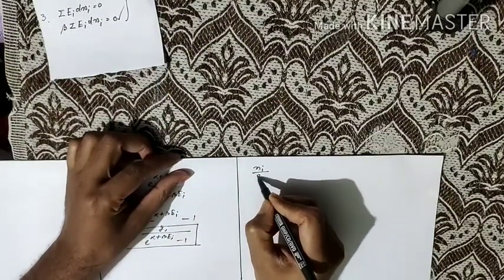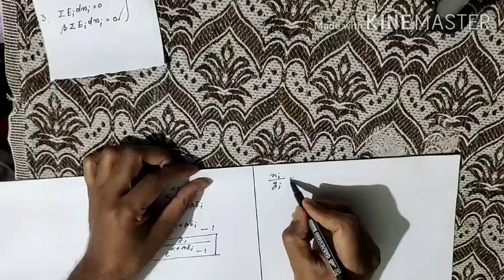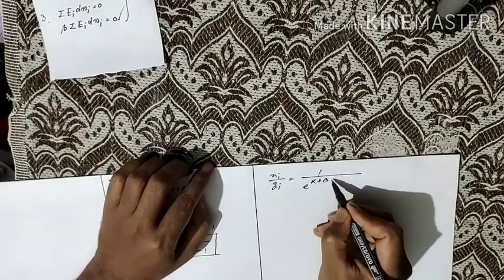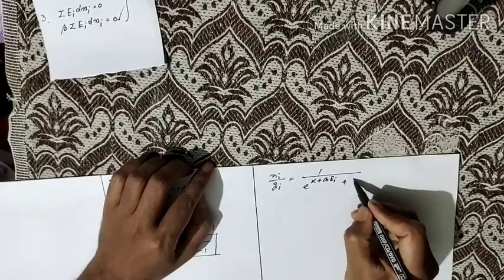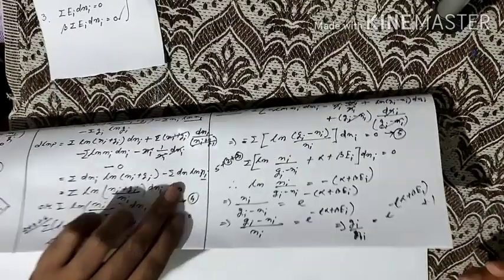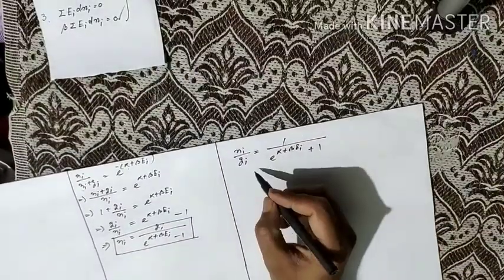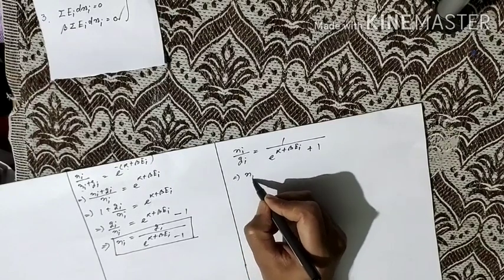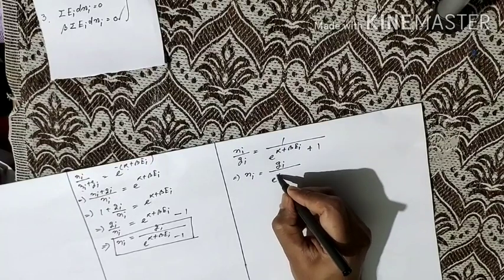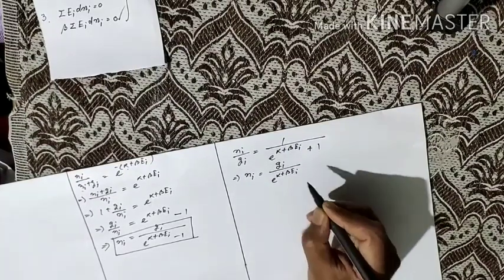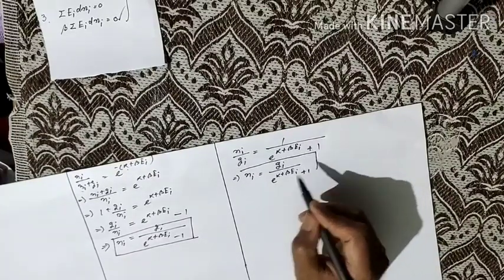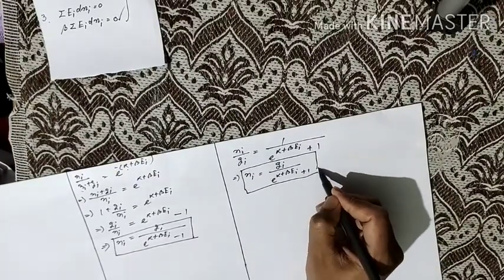Here ni by gi is equal to 1 by e to the power alpha plus beta ei plus 1. This minus will become plus and plus 1 is already there. So ni is equal to gi by e to the power alpha plus beta ei plus 1. So this is our Fermi-Dirac distribution law.